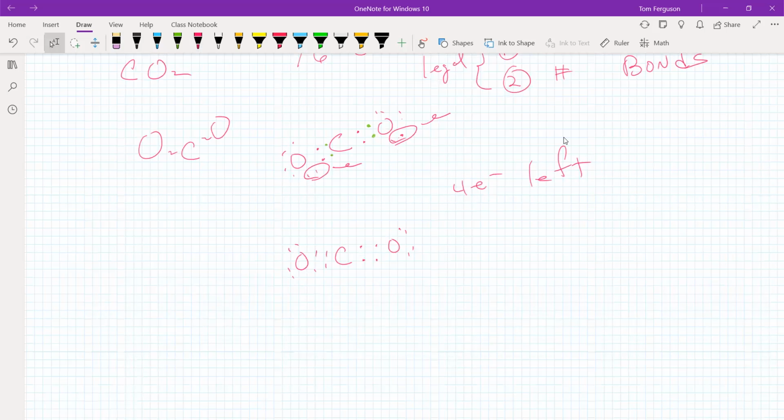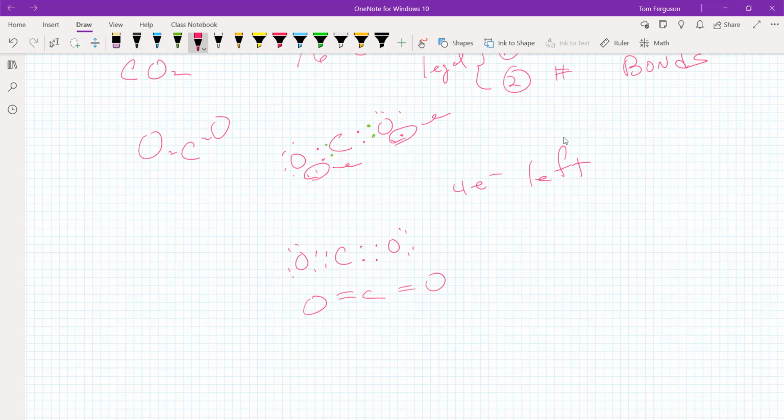So now we can fill it in. We're going to see tomorrow when we get into VSEPR theory that it's a linear molecule. So you count up your total valence electrons, and then you start fulfilling the requirements for all the interior atoms.